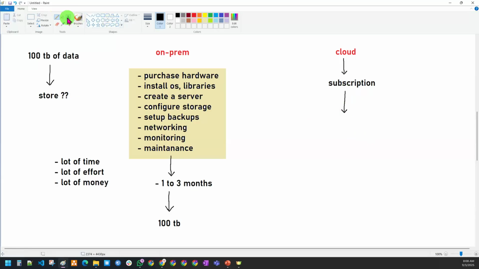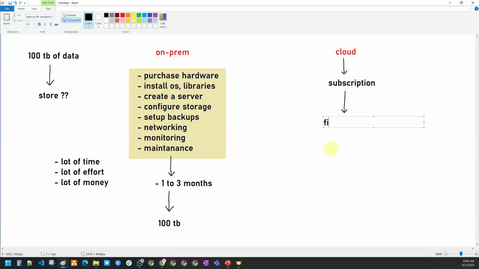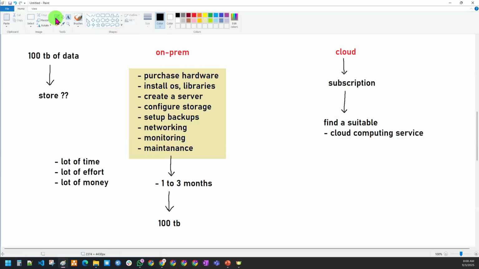After that, you find a suitable service. This service we call a cloud computing service, isn't it? You find a suitable cloud computing service, and then once you find it, you just go ahead and store the data, isn't it?